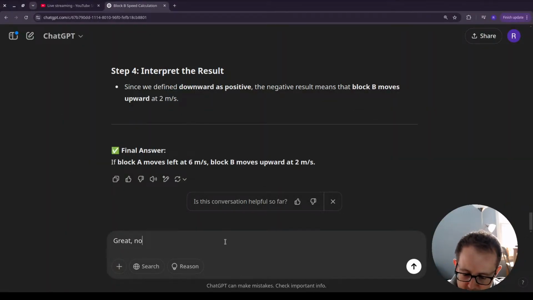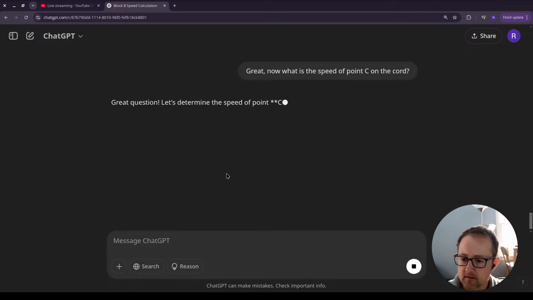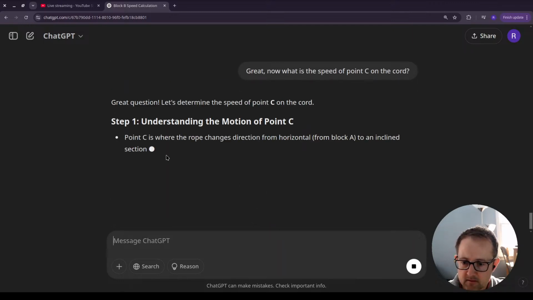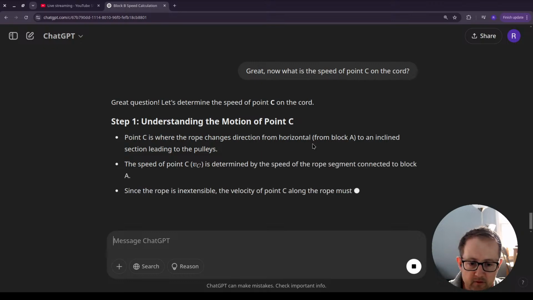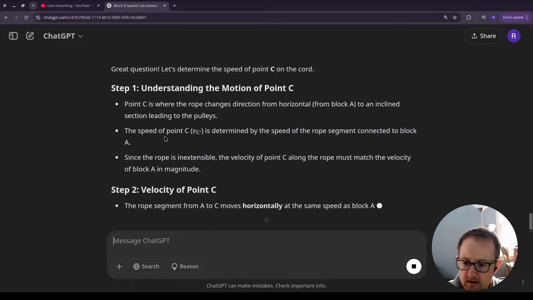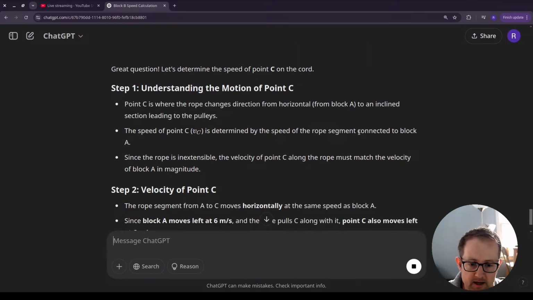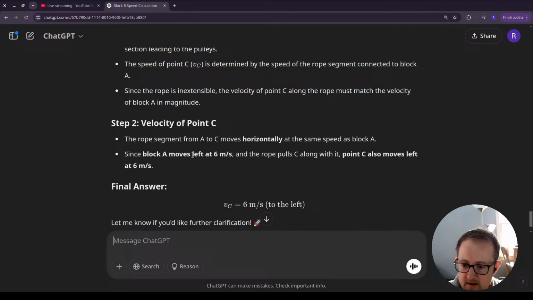Great. Now, what is the speed of point C on the chord? From horizontal to incline, speed is determined by speed of the rope. Okay, that's good.